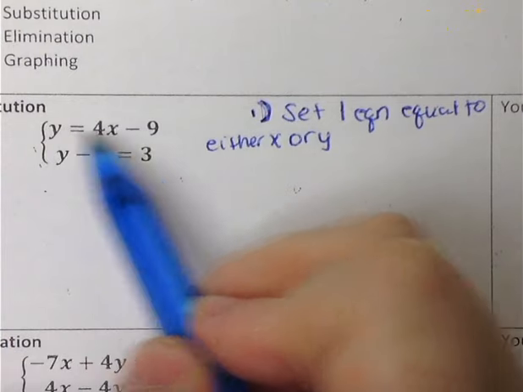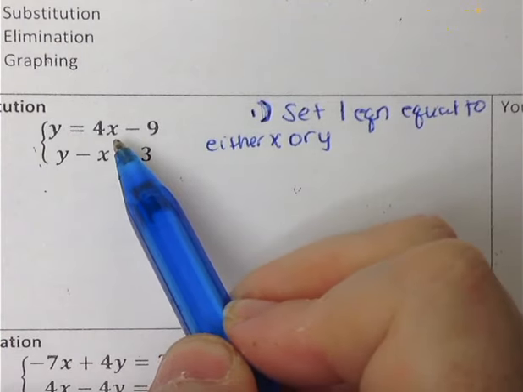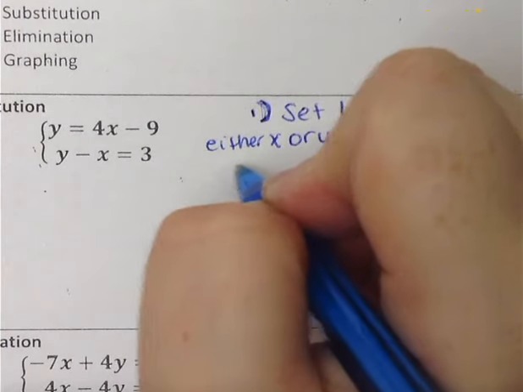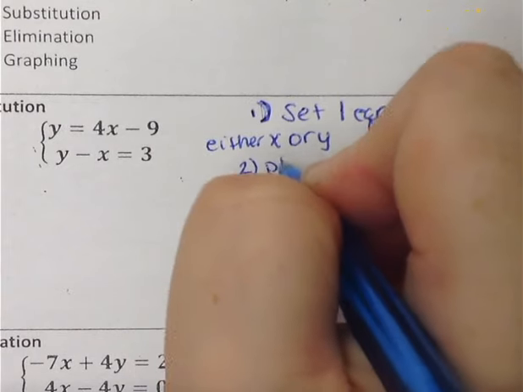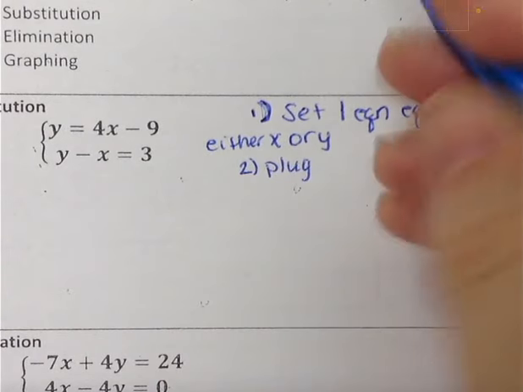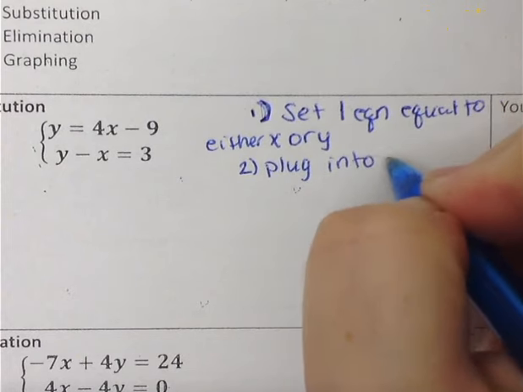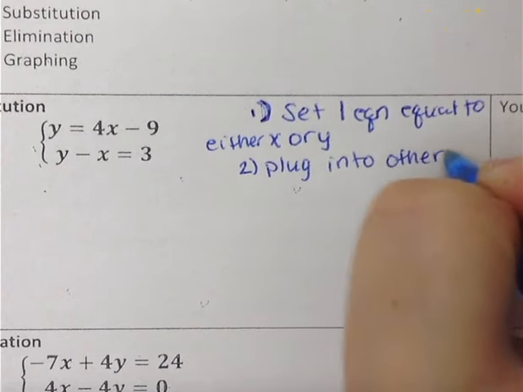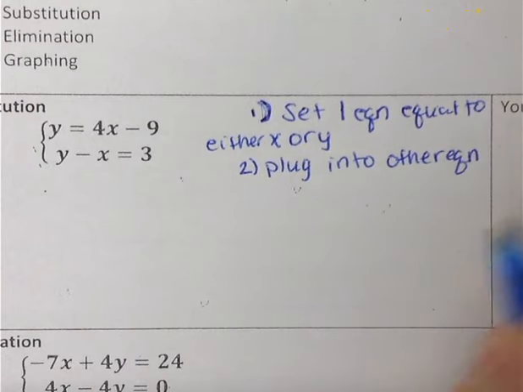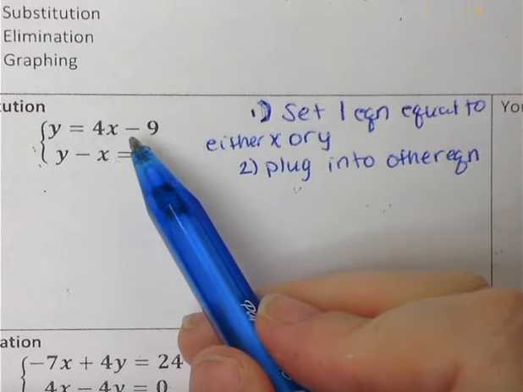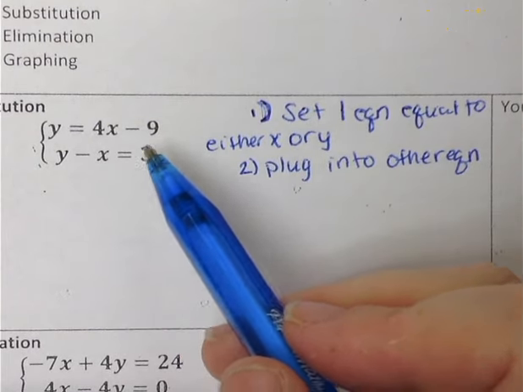That one is already done because we already have the first equation equal to y. The second step is to plug or substitute that equation that you just did into the other equation. You don't substitute it back into the one you just did because that won't do anything.